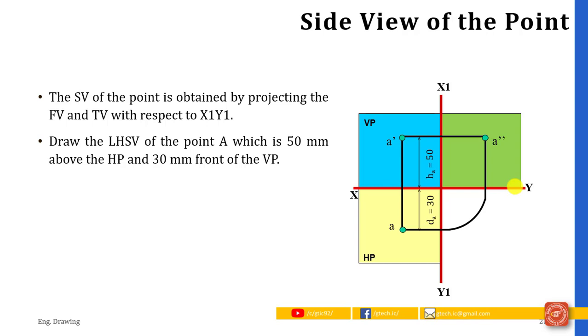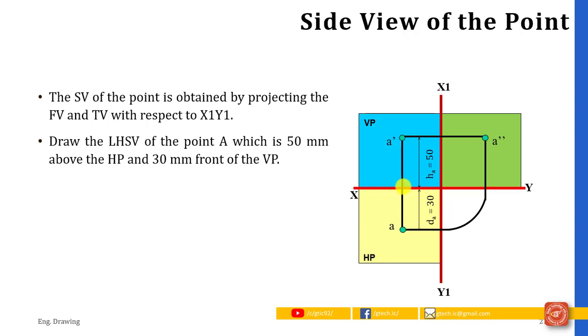So now let's draw the left hand side view of the point A, which is 50 millimeter above the HP and 30 millimeter in front of the VP. Here you can see the front view of the point on the VP and here you can see the top view of the point on the HP plane.